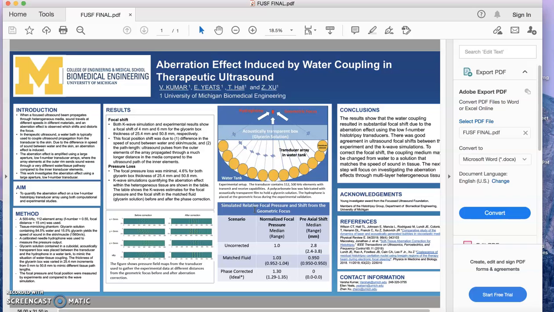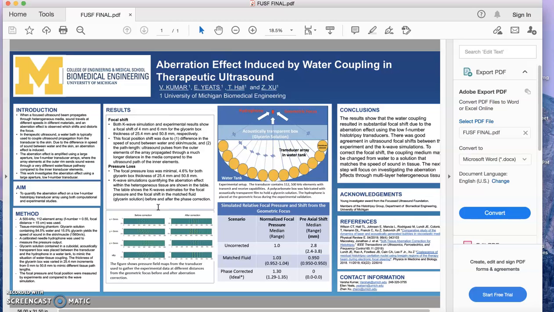The pressure loss was minimal, 4.6% for both glycerin box thicknesses. There was pretty reasonable agreement between the k-Wave simulations and our experiments.